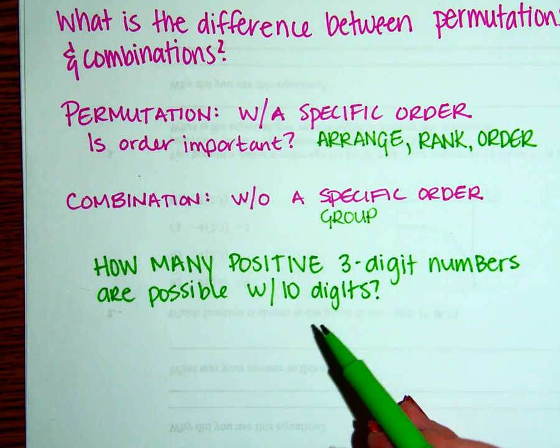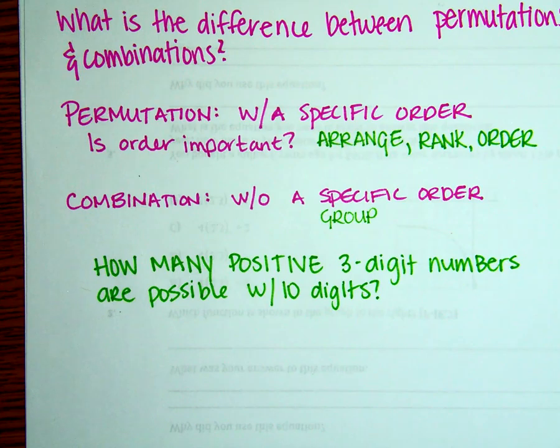First thing is to decide, is it a permutation or a combination, by asking yourself, is order important? If that question is not going to lead itself to one or the other, then we have to kind of start looking at some examples. How many positive 3-digit numbers are possible when we have 10 digits to look at? Would you say that order is important if you're looking at 3-digit numbers? Well, let's see.